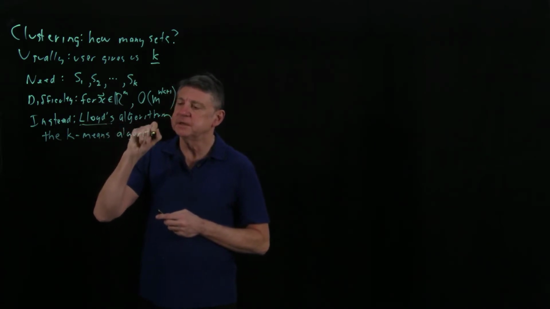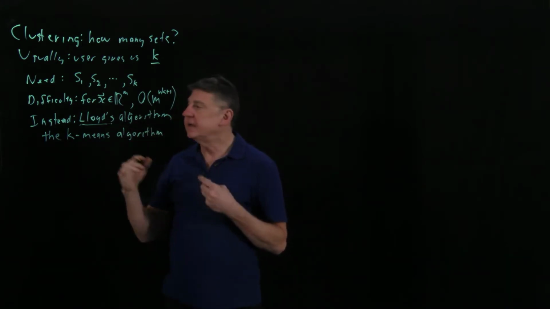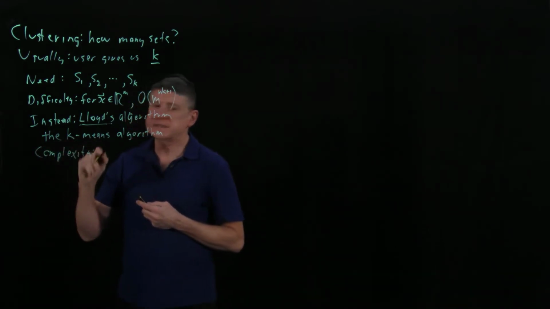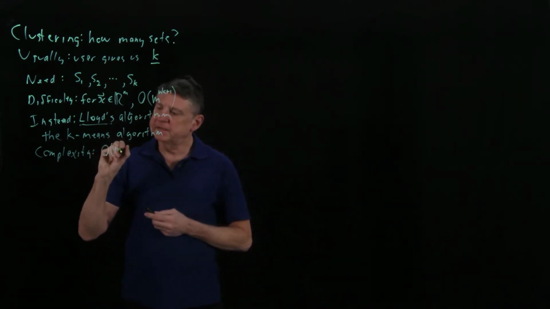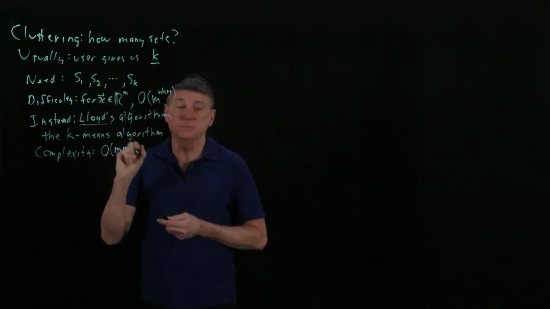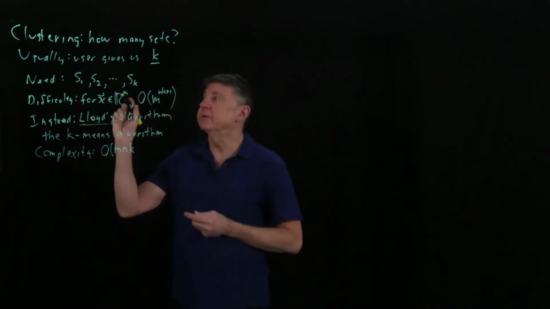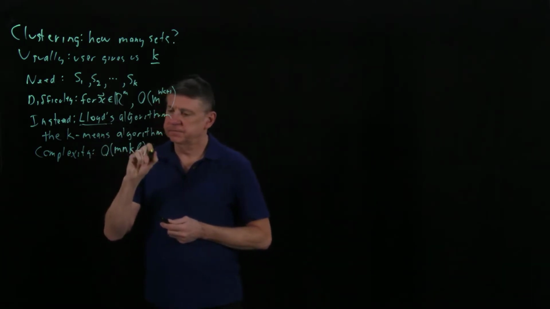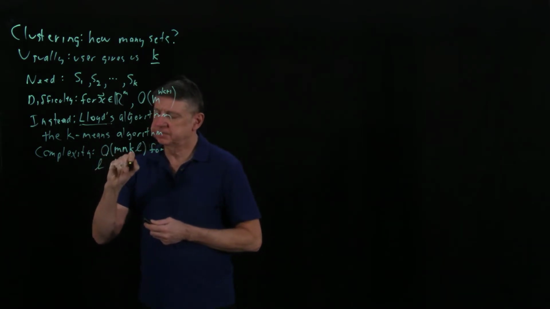And this is quite easy to describe and quite easy to implement, and its complexity is on the order of m for the number of entries in each vector, n because we have to consider every vector, k because we have to consider every one of these clusters, and l for l iterations.